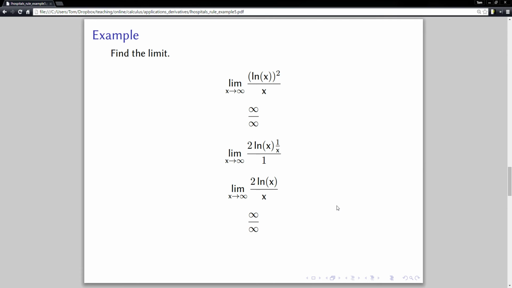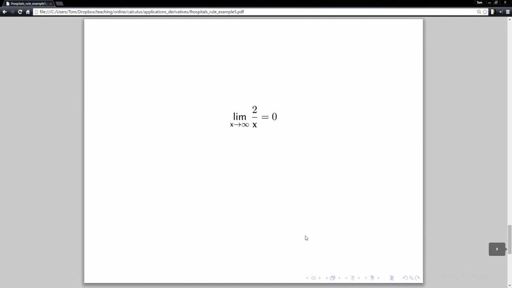All right, so I can apply L'Hopital's rule again because I have the infinity over infinity situation. The derivative of the top, I'm going to use the constant multiple rule. I have 2 times the natural log function. So the derivative of that would be 2 times the derivative of the natural log function, which is 1 over x. And the derivative of x on the bottom will be 1.